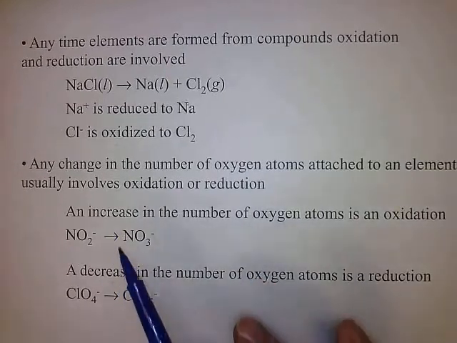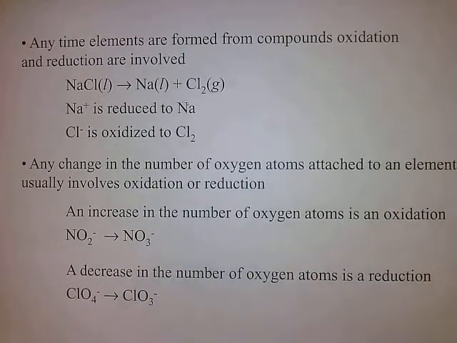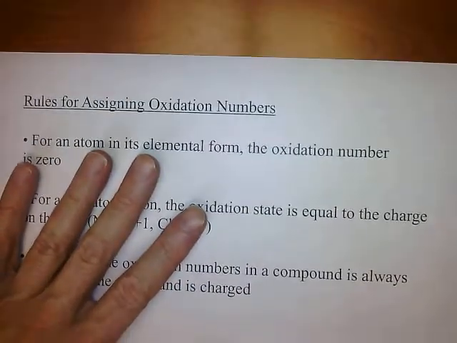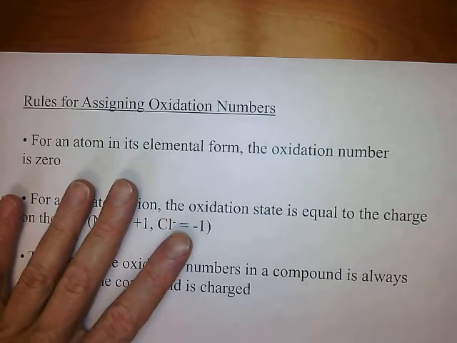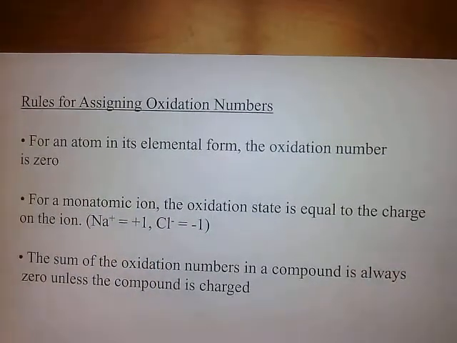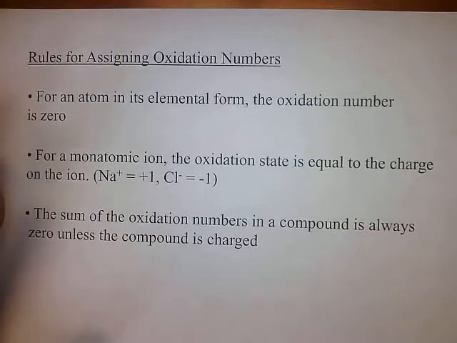To be able to answer this question, why is this an oxidation, you have to be able to assign oxidation numbers. Oxidation numbers are kind of like a way of keeping charge or keeping count of electrons in a molecule. It's pretty easy for a monatomic ion.